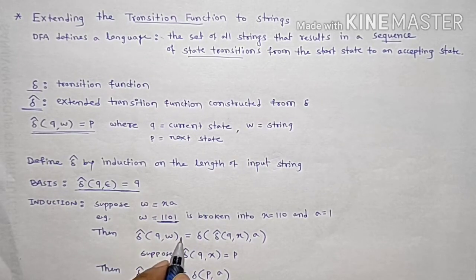So from this it is clear that for computing the extended transition function for the string w, we need to compute the extended transition function value for the prefix of that string. Once it is computed, we can compute delta cap for the string w. We'll see this with the help of one example.